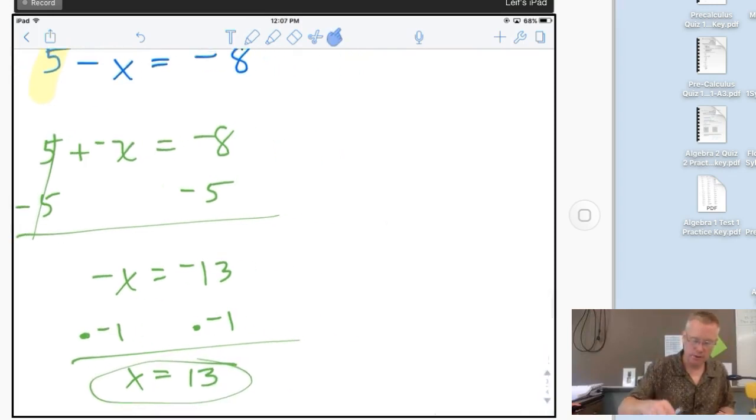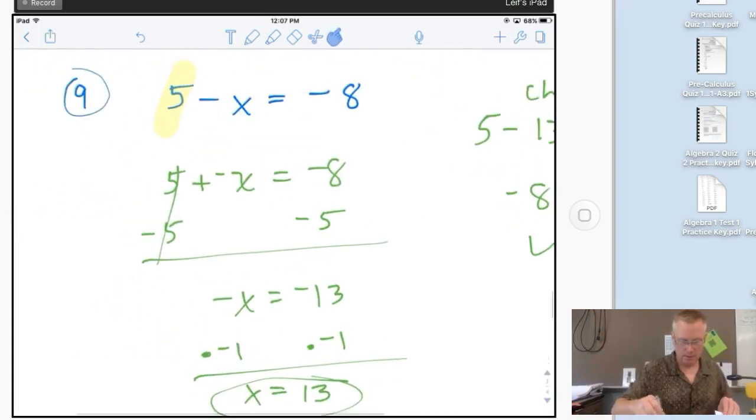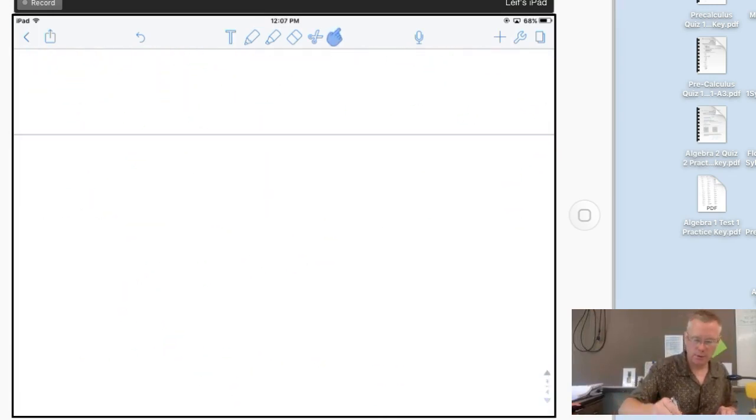This is a good one to check, especially because there's all that negative stuff going on. So I got 5 minus 13 equals negative 8. And negative 8 equals negative 8. Good, I'm all set there. Okay. Let me have you try this one.